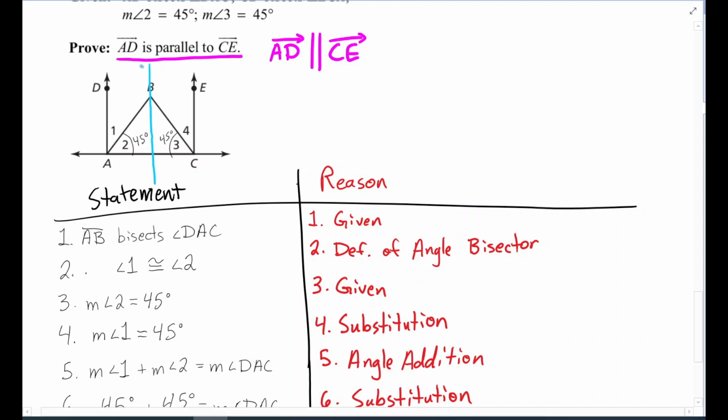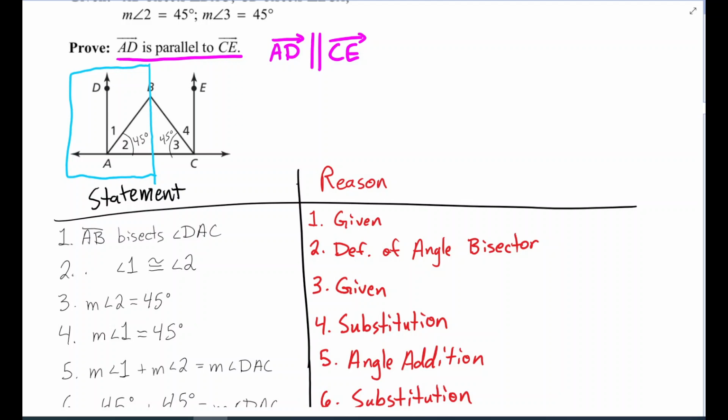Everything we just did was on the left side. We showed that the two angles 1 and 2 were congruent. We showed that they added up to 90 degrees, which meant that AD was perpendicular to AC.